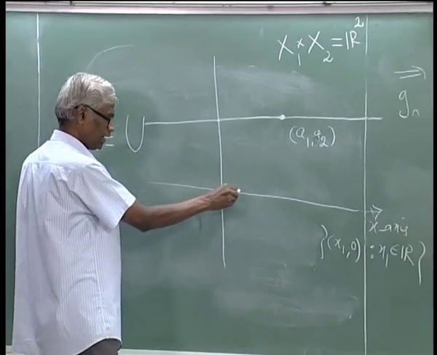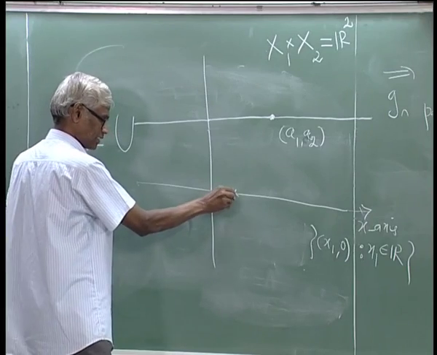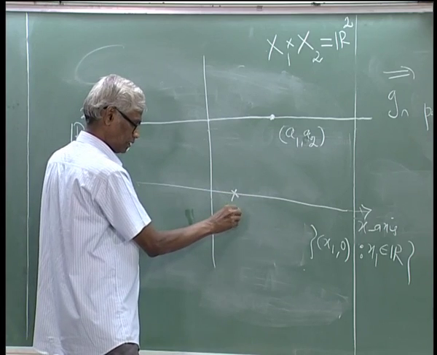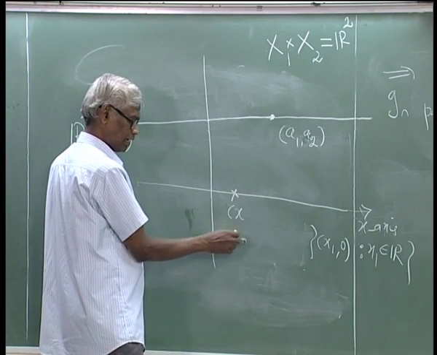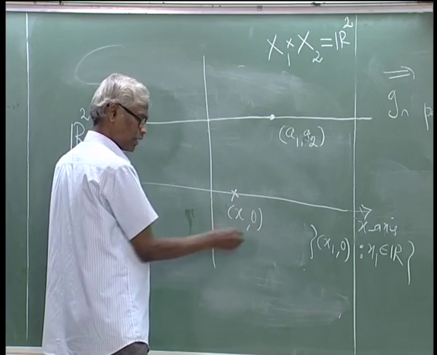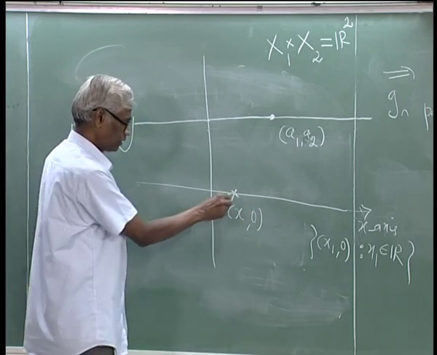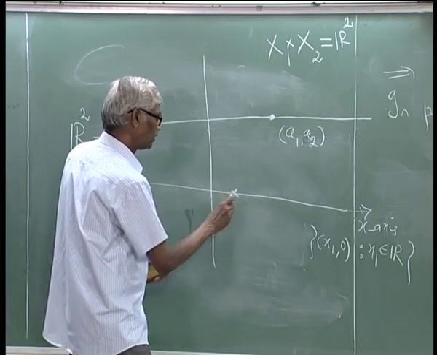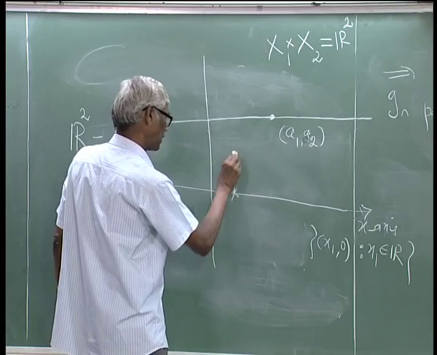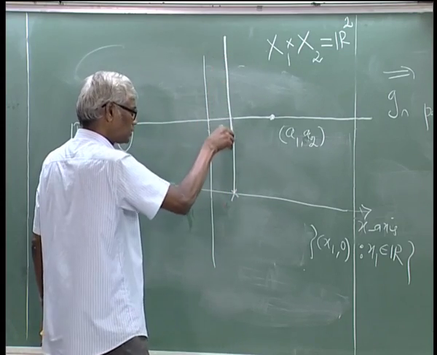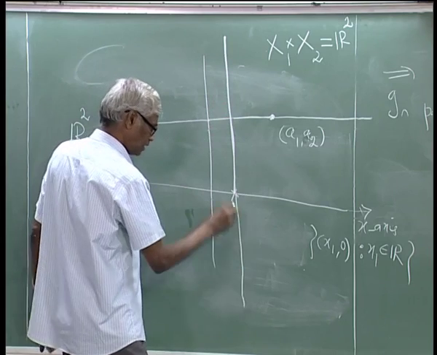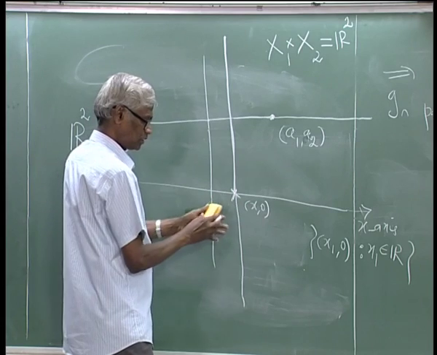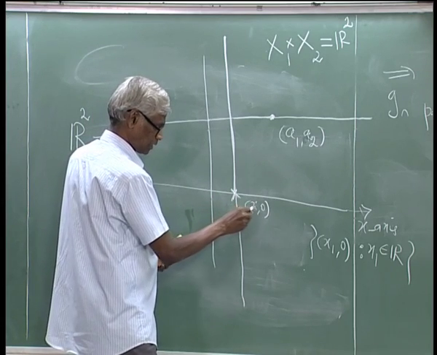Now, take any element in the x axis. What is an element in the x axis? We will write it: first coordinate x is in R, second y coordinate is 0. Now, consider the straight vertical line passing through this ordered pair (x, 0).